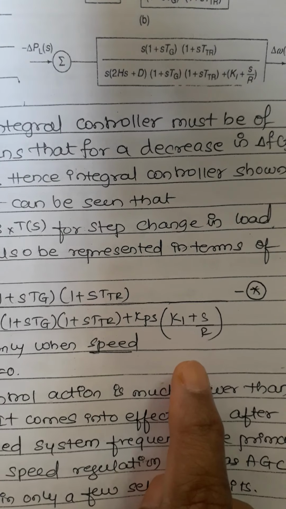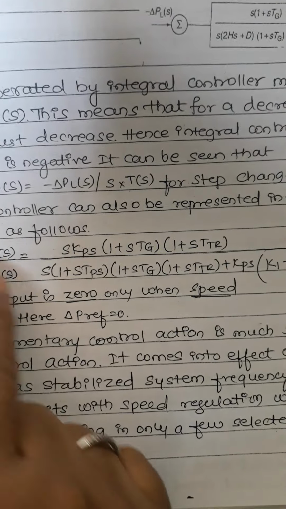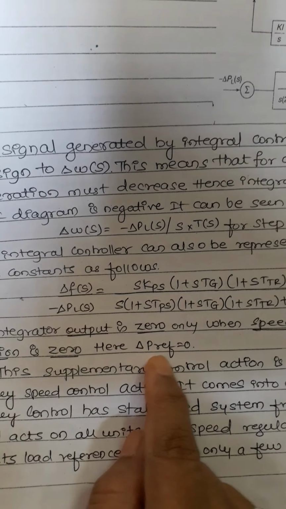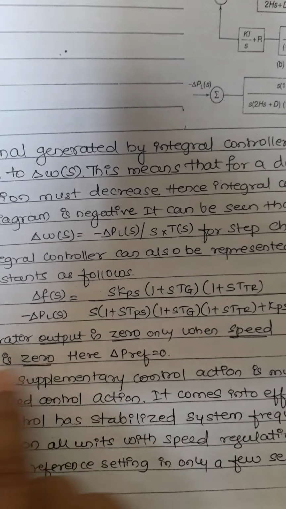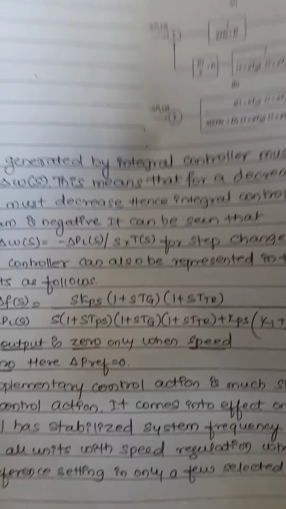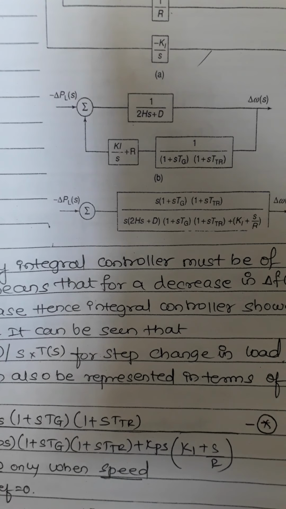Here, if we consider the integral output to be 0, the speed reference is 0 and the deviation is 0, and we substitute 0, then we get the supplementary control action and the primary speed control action.